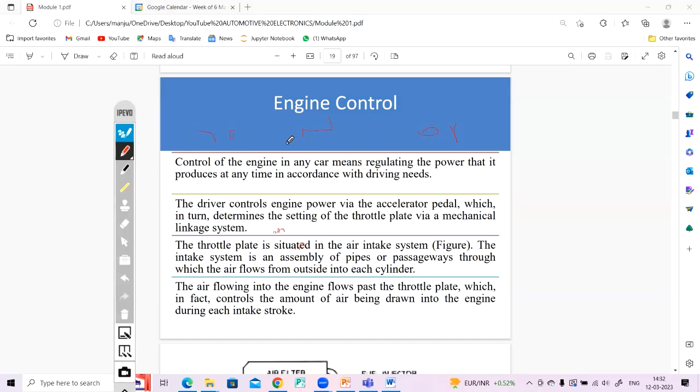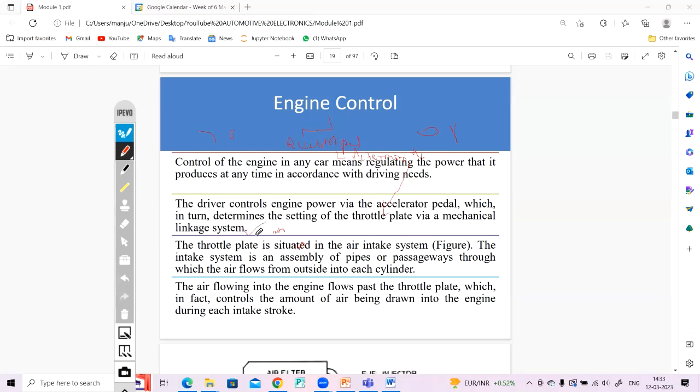One is the accelerator pedal, which means determining the setting of the throttle plate via a mechanical system.